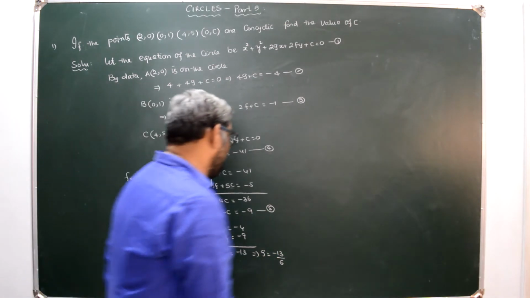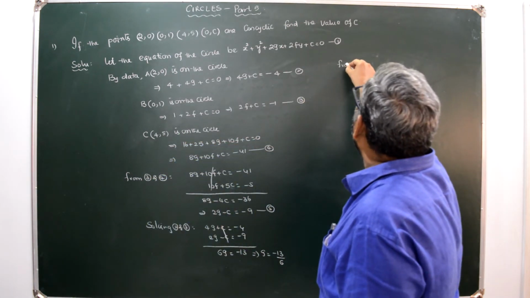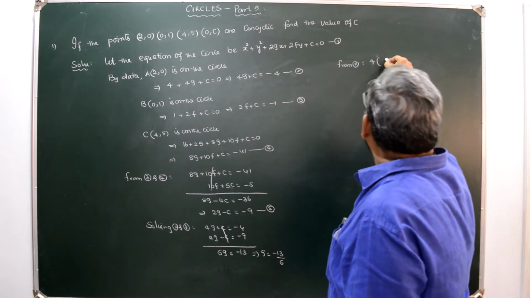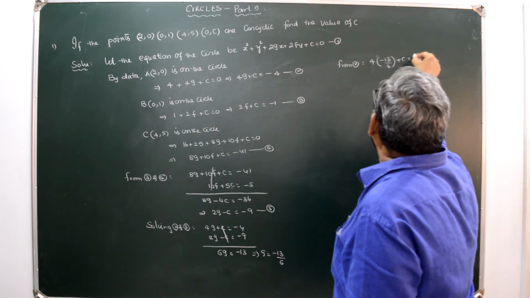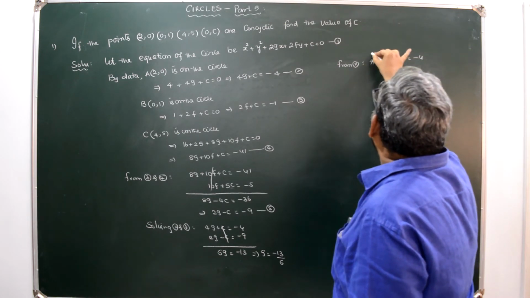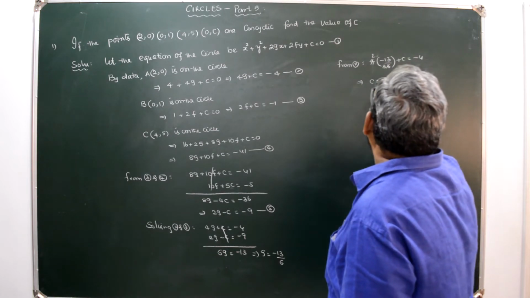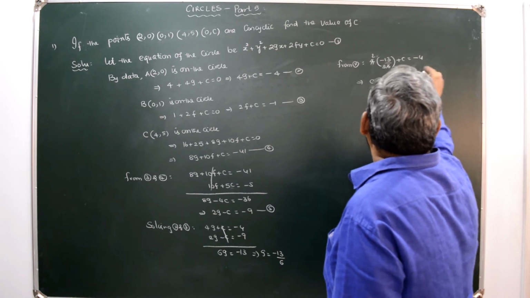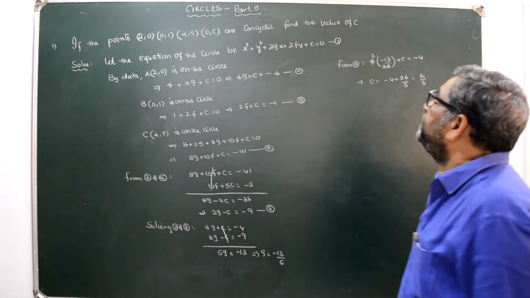Now you can substitute in one of the equations. From 2, 4 into minus 13 by 6 plus c is equal to minus 4. So c is equal to minus 4 plus 26 by 3. This is 14 by 3. c is equal to 14 by 3.